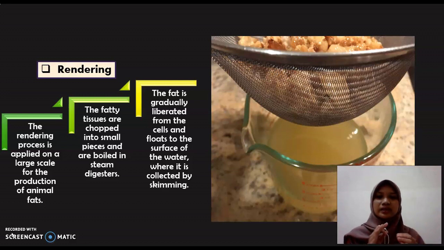So what happens, the fat will gradually be liberated from the cell, which means the fat will move out from the cell, and then it will float on the water, and then we can collect it by skimming, or we can filter like in the picture that I show here. Okay, so this is a rendering process. It's a simple process that we can do at our home.